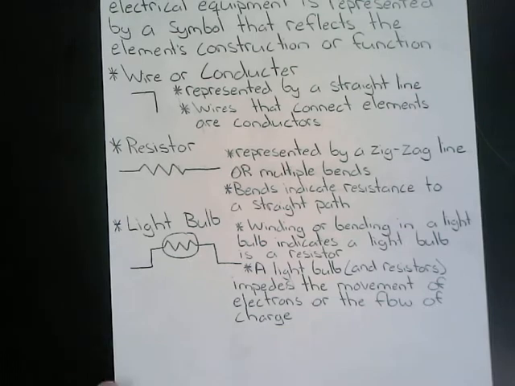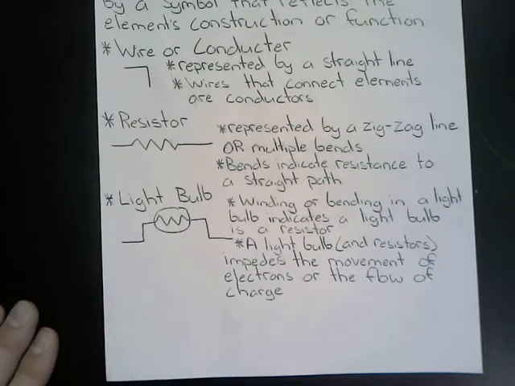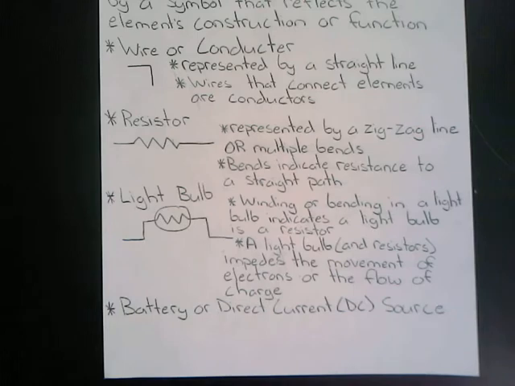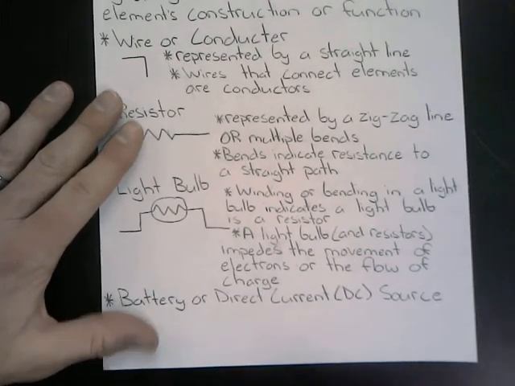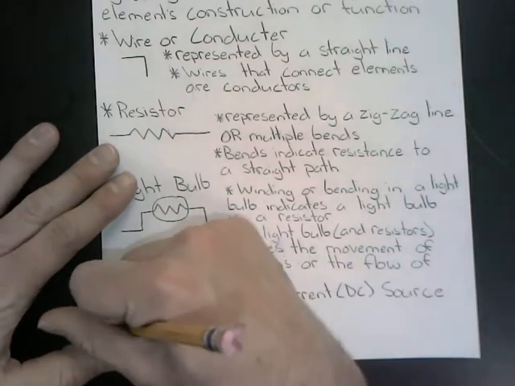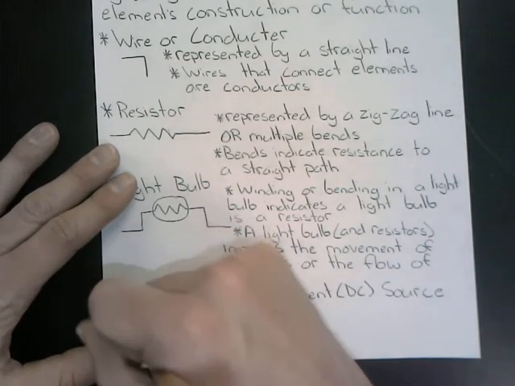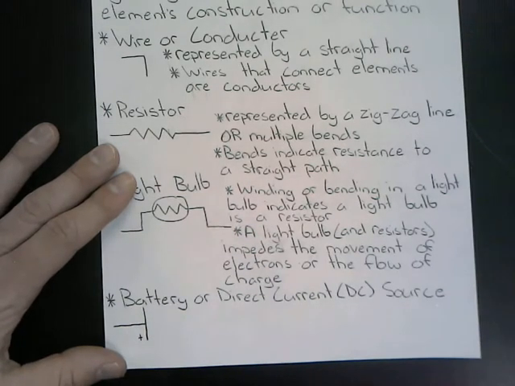Now, the next symbol that we have here is a battery or a direct current source. Now, how we draw a battery or a direct current source is by drawing a straight line, and then we draw a really tall perpendicular line, and just to the outside we label that with a plus sign.